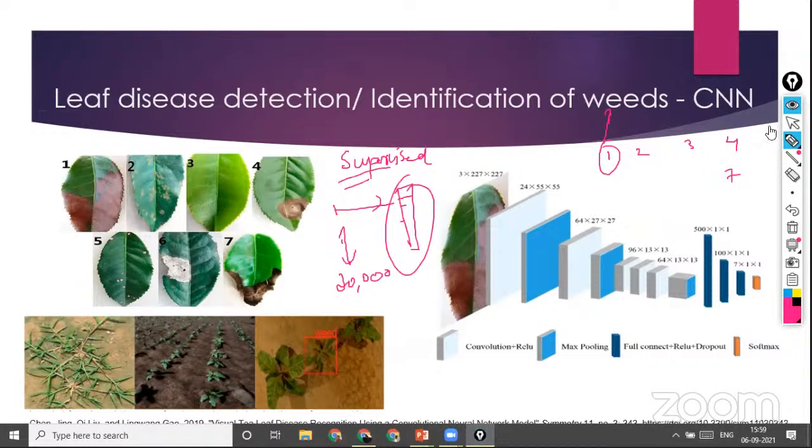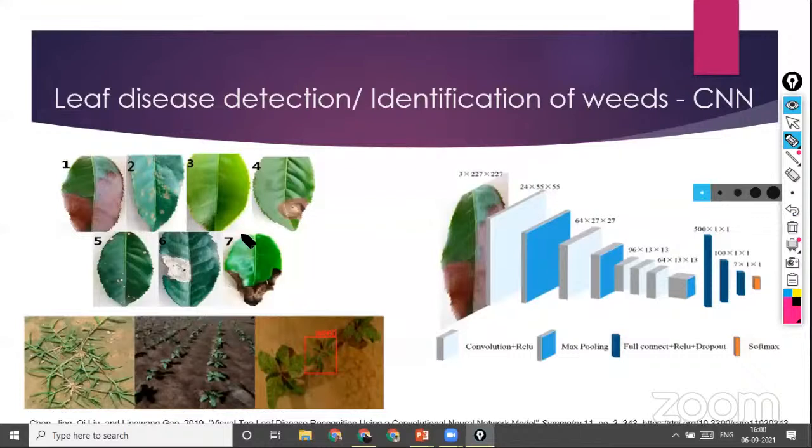Now, as I said, if you're going for machine learning techniques, you may have to use some feature engineering techniques to extract features and get numerical values. But in the case of deep learning, say the resolution of the images is 227 by 227, that is the X and Y, and it's a color image, so the depth is 3.